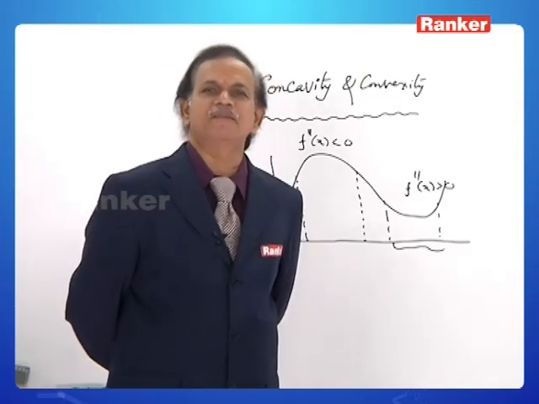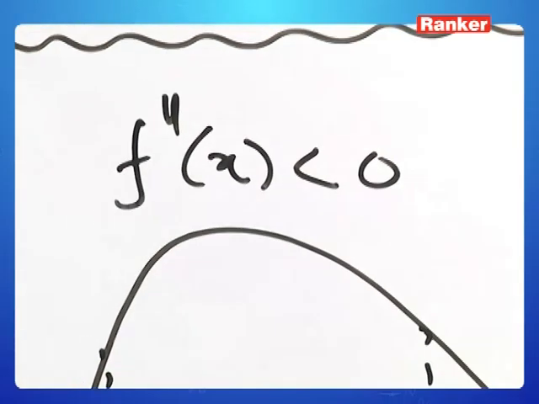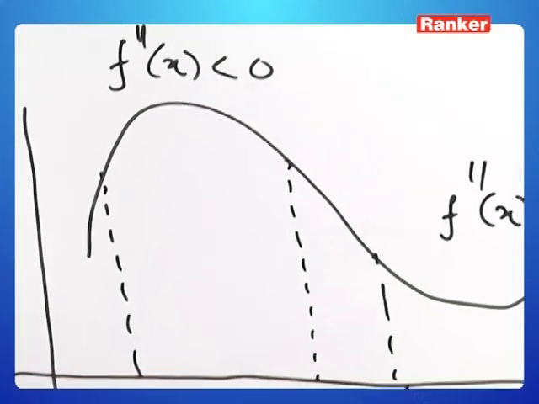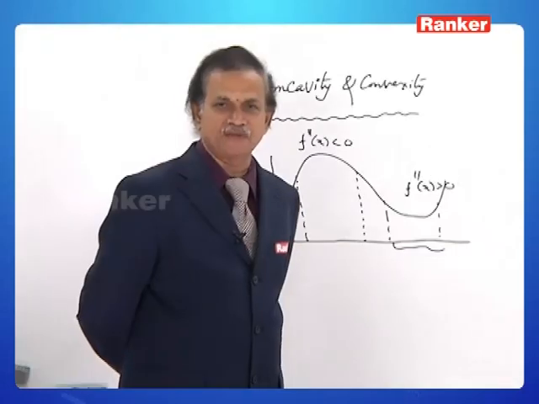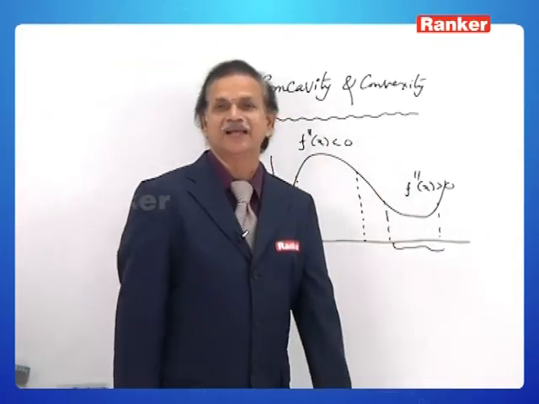Very rarely we come across those points of inflection, and here, to look at concavity and convexity, we observe either f double dash x less than 0 like this, or f double dash x greater than 0 like that.